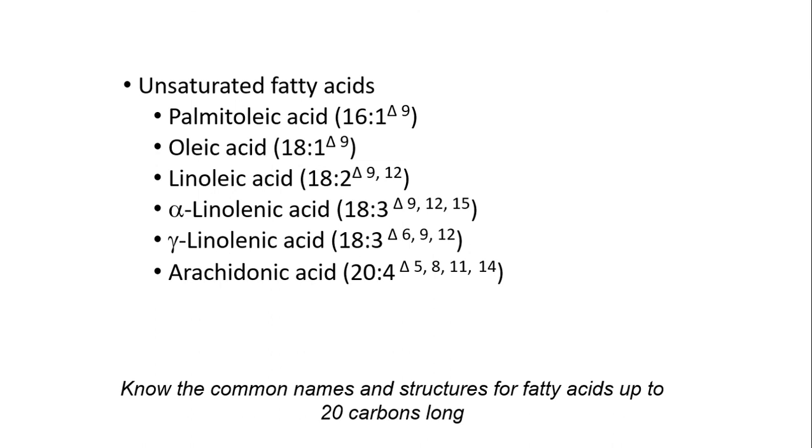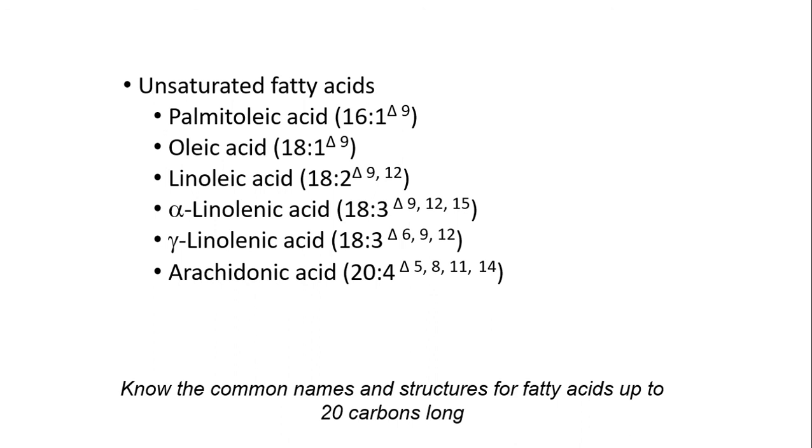The unsaturated fatty acids contain one or more double bonds in that hydrocarbon chain. They're actually slightly more abundant in nature than the saturated fatty acids. But what does the introduction of that double bond do?